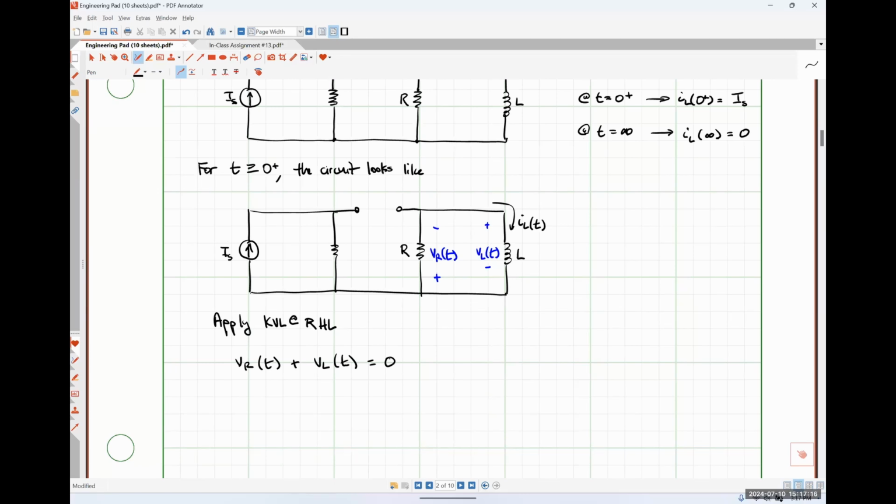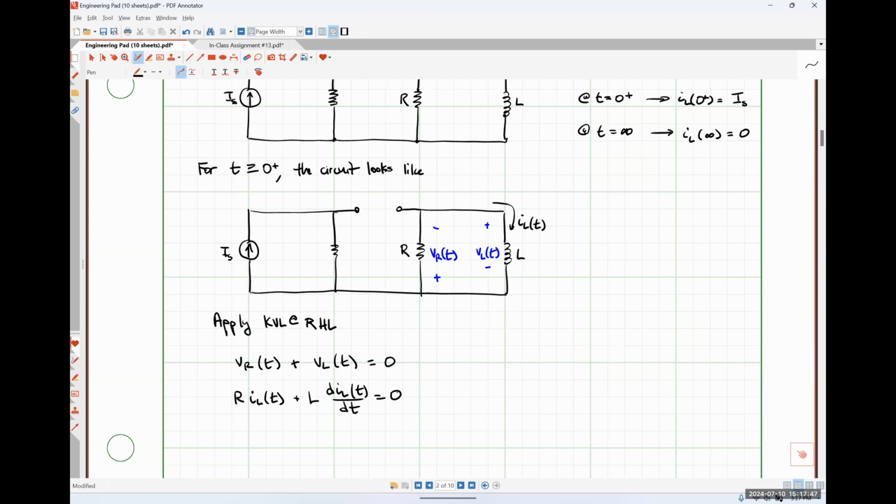And we can express both of those voltage drops in terms of our inductor current, IL. So using Ohm's law, we would have R times IL of t. And then using our first equation from when we were learning about inductors, the voltage drop across an inductor is given by L times the derivative of the inductor current with respect to time.